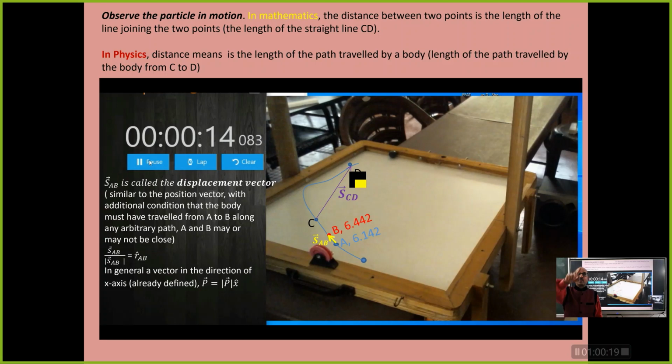Now what is the displacement from this fan to that tube light? There is a fan here and a tube light there. What it means is, if a body has traveled such that it has passed through the fan, then traveled by some other path and touched the tube light. Assume that a mosquito is traveling in this room.